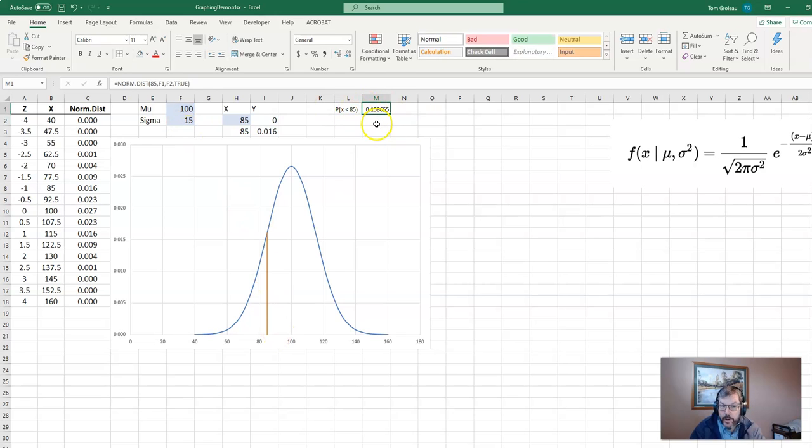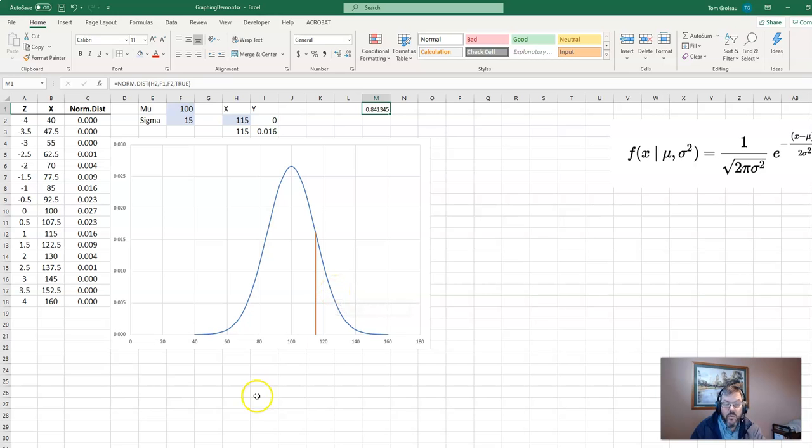Now I didn't make this one interactive. I can do that. I can make this spot also refer back to this blue input. And now it's just my label that's wrong. So if I change this to 115, I got my probability and I've got my point on the graph.